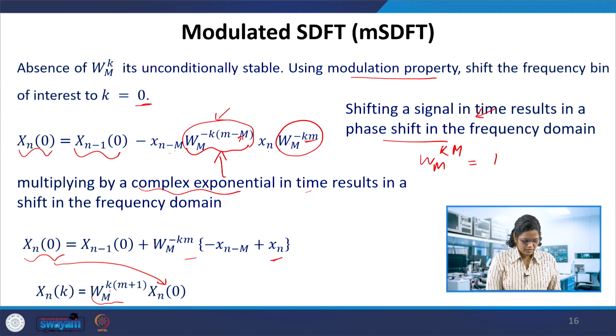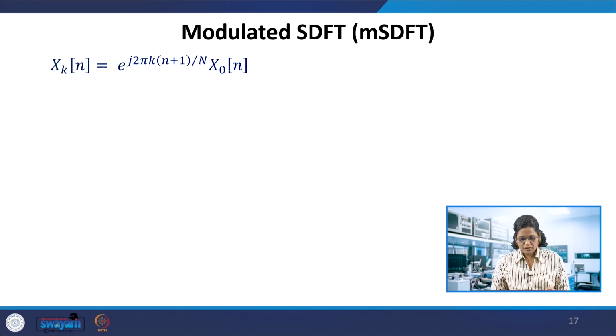Here this instant is different from this instant. Okay, m plus 1 to be multiplied. So any frequency bin can be shifted to the DC bin. That's the idea of avoiding this twiddle factor, which causes the instability in the calculation.